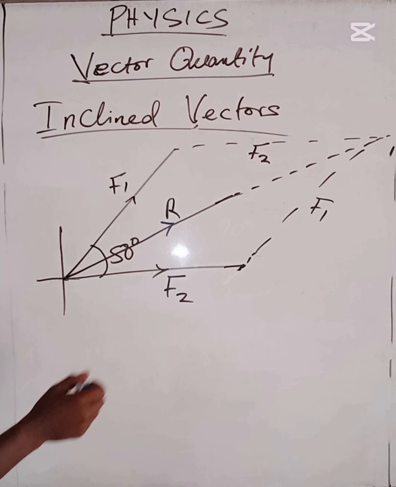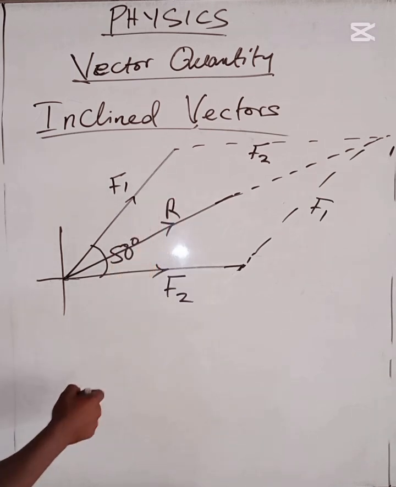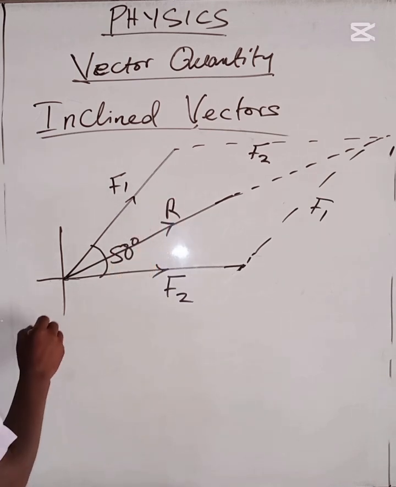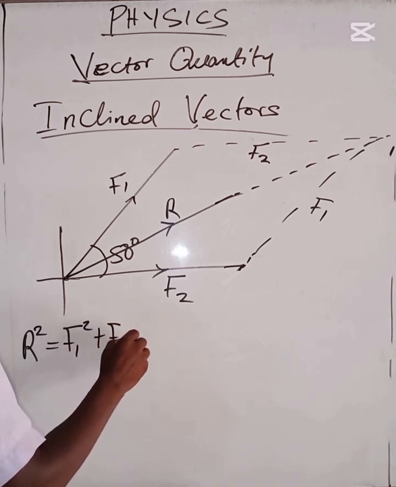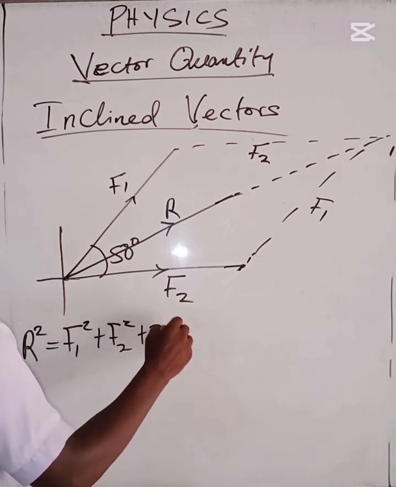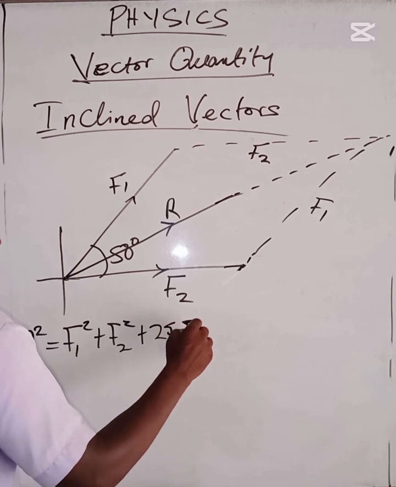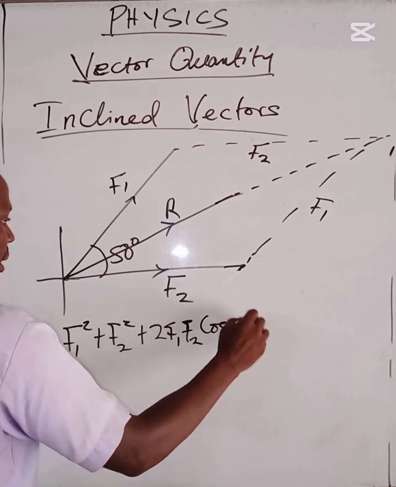Now, to solve your problem, to find this resultant, you use the cosine rule so that you now say R squared equals F1 squared plus F2 squared plus 2F1F2 cos theta.